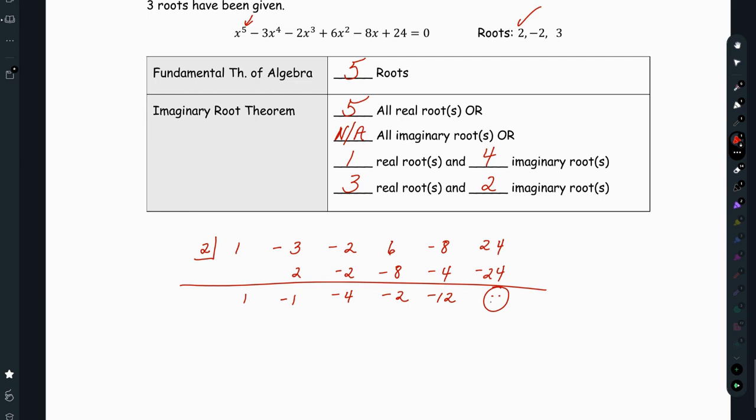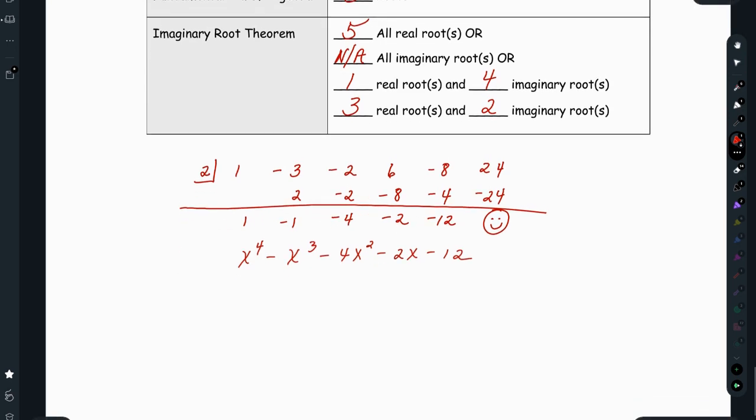And I know I did it right because I got a 0 as a remainder. We started at the 5th power. We're going to reduce it to the 4th power. And now we're going to again use synthetic division. This time we're going to put -2 in the box, and we're going to use our reduced polynomial coefficients.